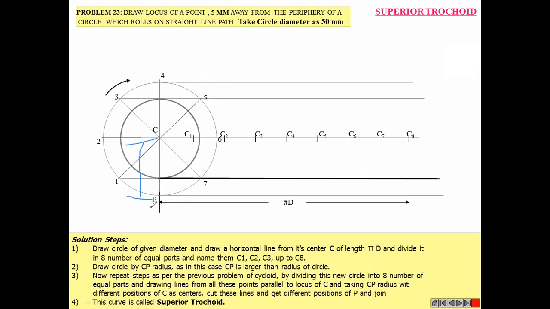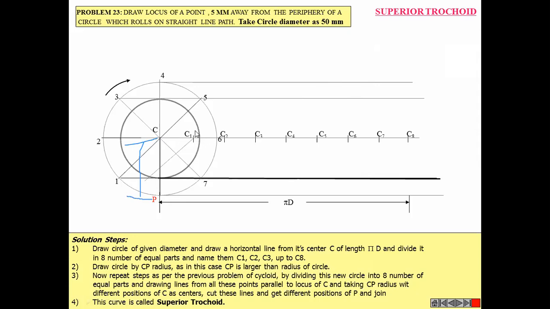First of all, we will take this much radius. Then for the first point, what will we do? We will put our compass here and we will mark one arc like this on the first line.